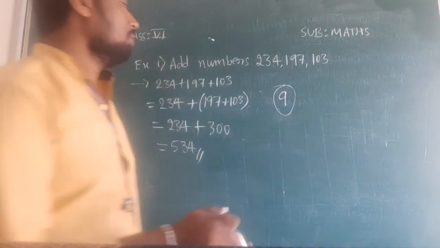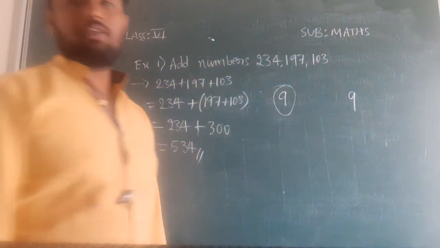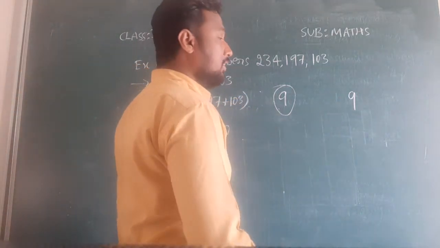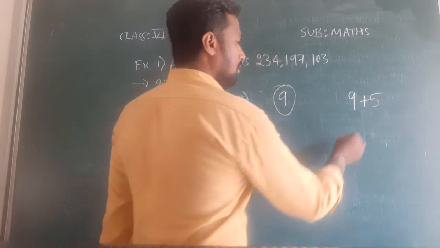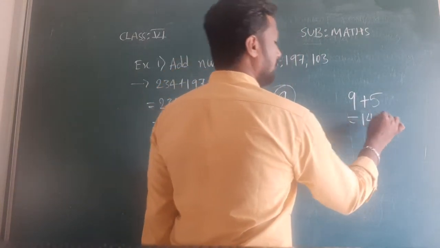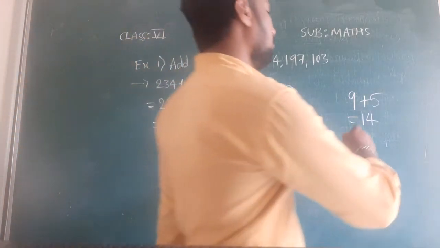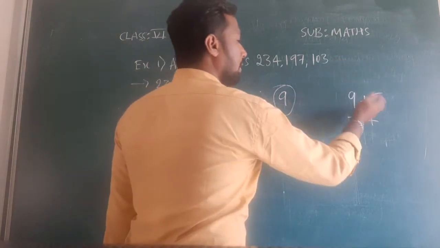So you told first 9. Now if your friend adds 5 to it, you will get 14.